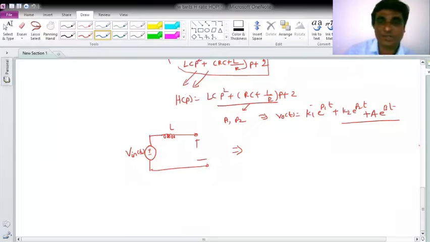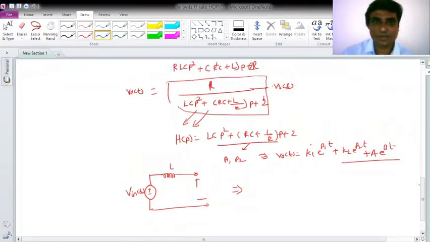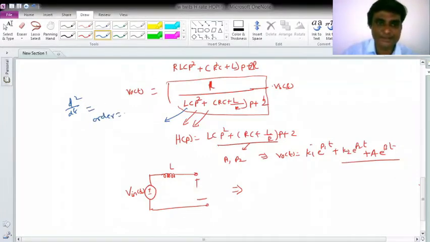Okay, so now if I look at this, what is the order of the network which we have drawn right now? The order of the network is 2, because the power of the d/dt operator is 2, because p square is coming in the denominator.